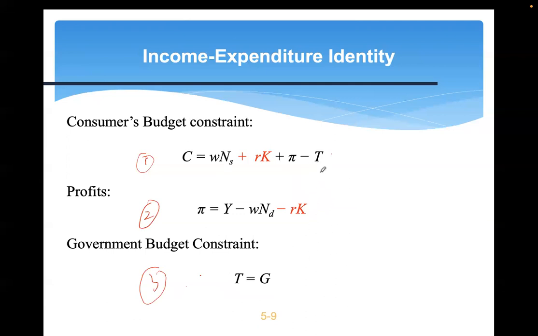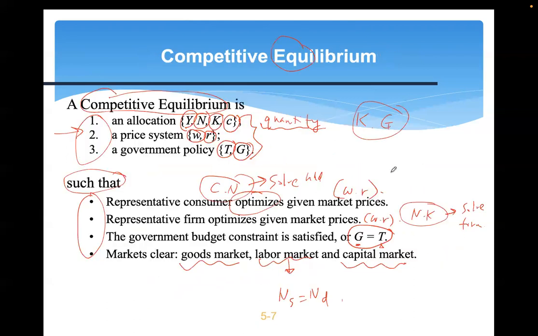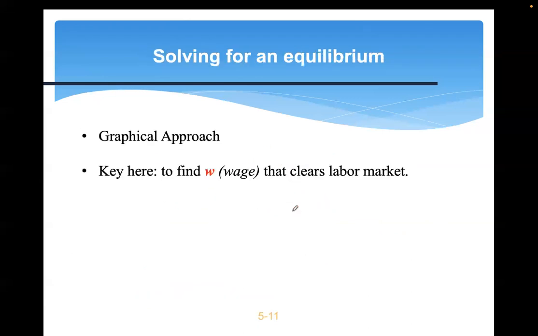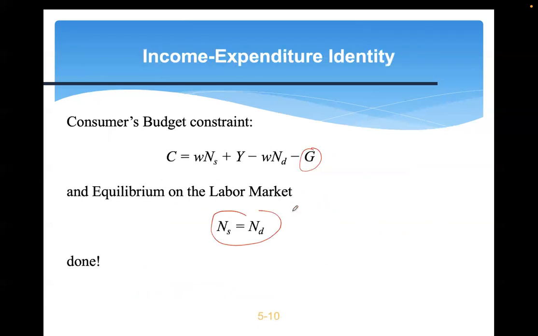Step number two, you combine the three equations together. That gives you Y equals C plus G. By the way, we also have NS equals ND. This comes from the labor market clearing. That's how we get here, and they just cancel each other, so Y equals C plus G.